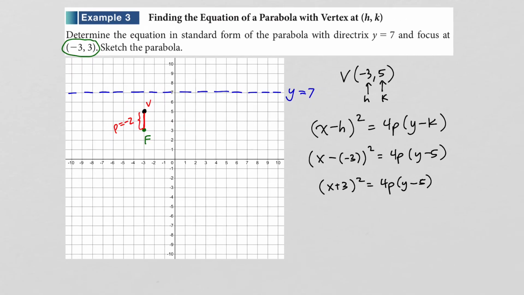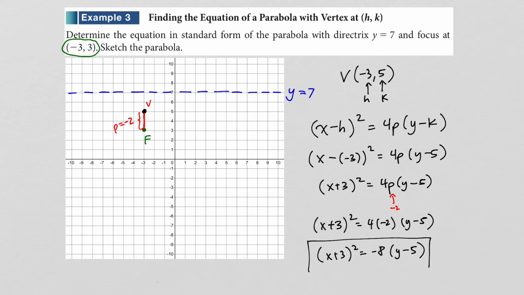So now all I have to do is plug in the value p equals -2, and that gives us (x plus 3) squared equals 4 times -2 times (y minus 5). And that says (x plus 3) squared is equal to -8 times (y minus 5). This is the equation of that parabola.